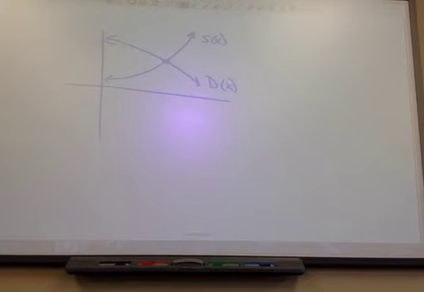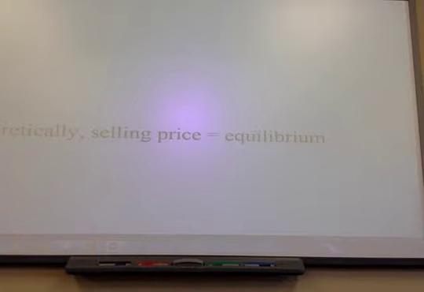All right? If you can agree on the price where the supply meets the demand, you'll sell every unit and not have an overage or an underage. And that would be ideal. And I think I say that at the very bottom. Theoretically, selling price equals equilibrium price.